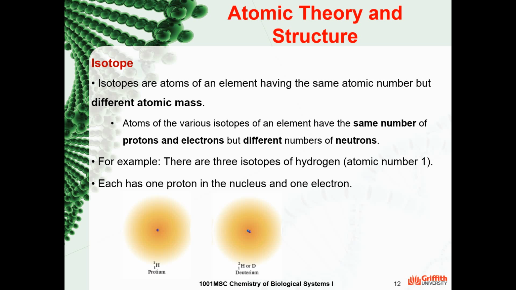So the atomic mass of this hydrogen is 2, the 1 proton plus the 1 neutron, and it is called deuterium. The last isotope for hydrogen has 1 proton and 2 neutrons, so the atomic mass of this isotope is 3, and it is called tritium. The most common isotope that we use in this course is the hydrogen 1 atom.